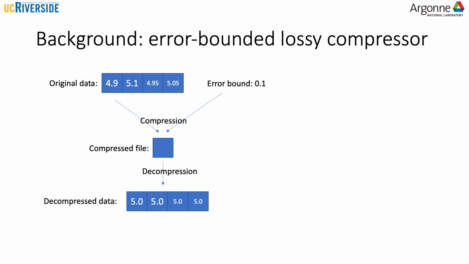The compressor takes the input and the error bound 0.1 as arguments and compresses the data to get the compressed file, which is usually much smaller than the original data in terms of file size. Then when we need the data, we decompress the compressed file and get the decompressed data, whose difference from the original data is bounded by 0.1.